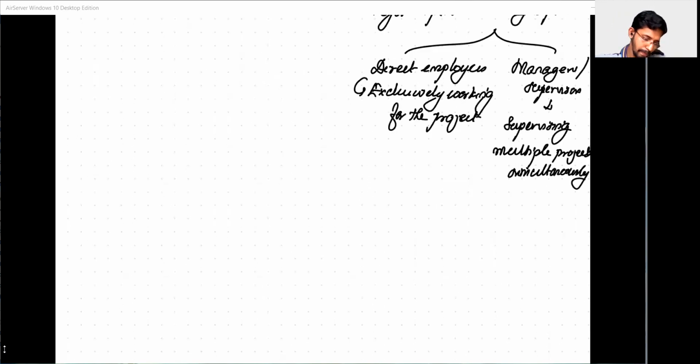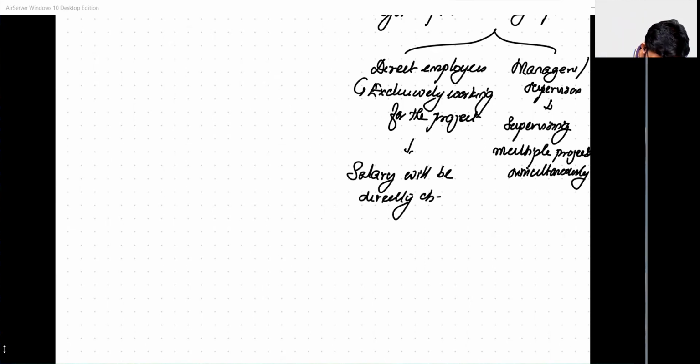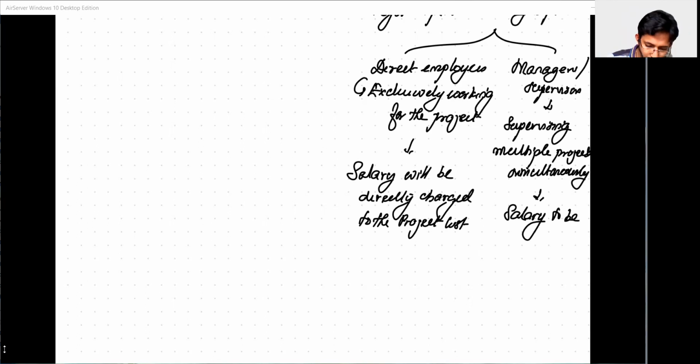Now, when it comes to direct employees, salary will be directly charged to the project cost. Whereas here, managers, supervisors, what happens here is salary will be apportioned to the project which we are allocating.